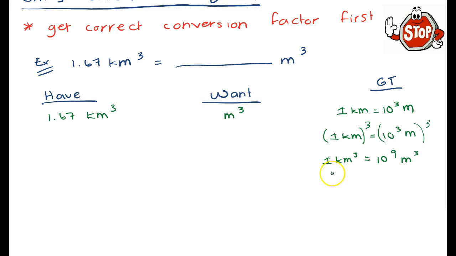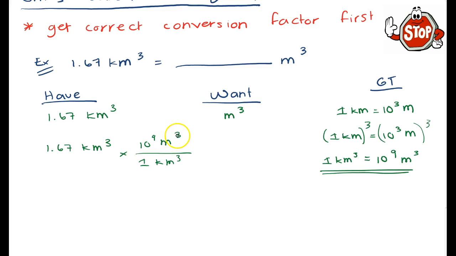Okay, so now I have a new conversion factor to use, and I have a direct conversion. So I can go ahead and plug in now. I have 1.67 kilometers cubed. Since I start with kilometers cubed, I want to put that unit on the bottom. So for every 1 kilometer cubed, I have 10 to the 9 meters cubed.